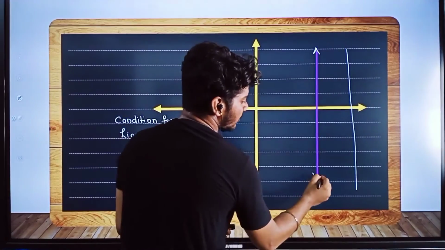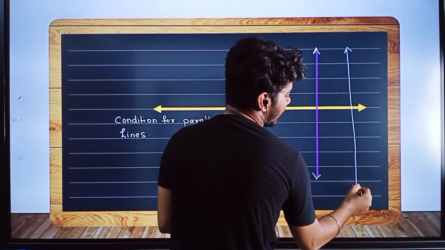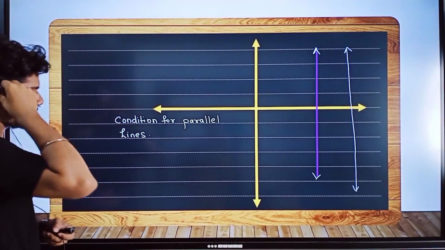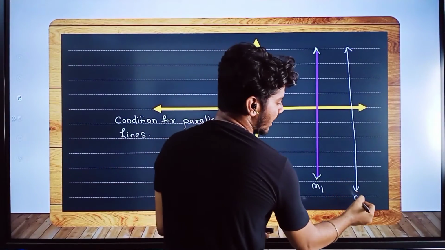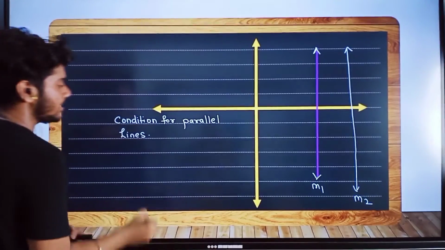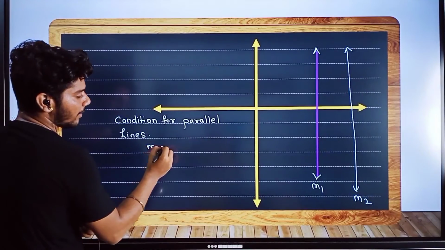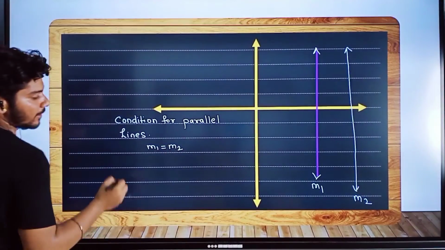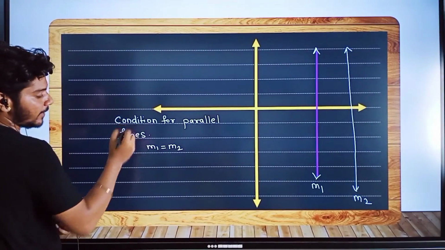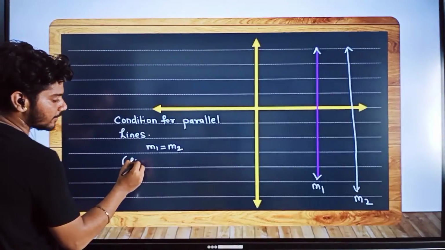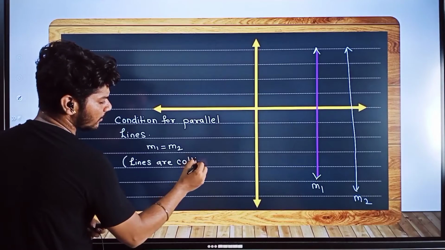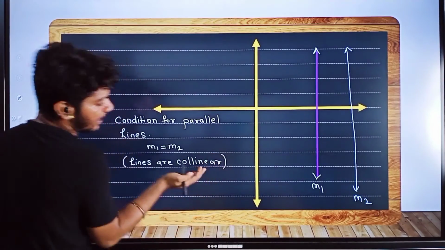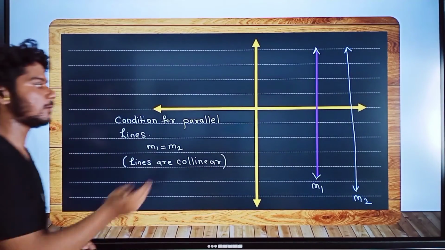If lines are parallel, their slopes are equal. Suppose the slope of this line is m1 and the slope of this line is m2. Then m1 will be equal to m2 when the lines are parallel. Even if the given lines are collinear, we can say they are part of the parallel combination.